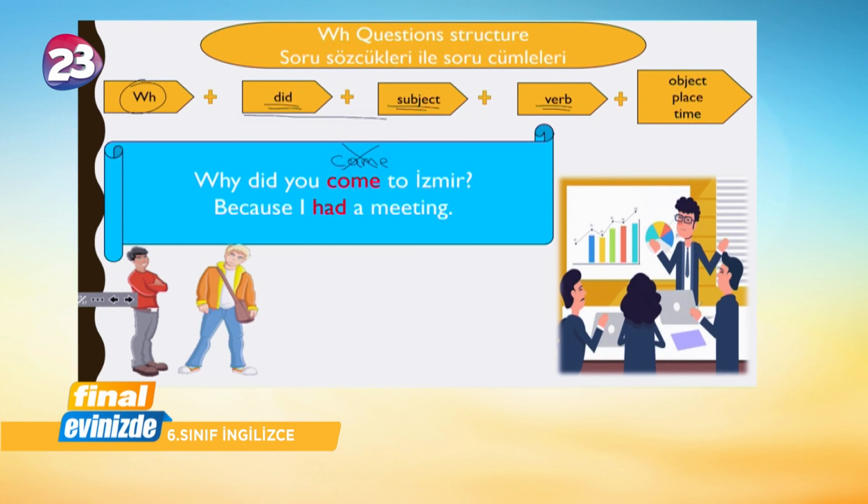Okay, why did you come to Izmir? Okay, because I had a meeting. I had a meeting. The base form is have. Because this is an affirmative sentence, I have used had. Okay? All right.